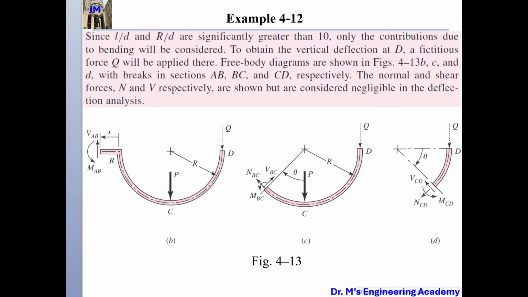Then you just plug in, and we have delta 3 equals, also from 0 to half pi, 1 over EI, M_CD multiplied by dM_CD/dQ and R dθ. Now this is very, very beautiful. Remember, P equals 0.